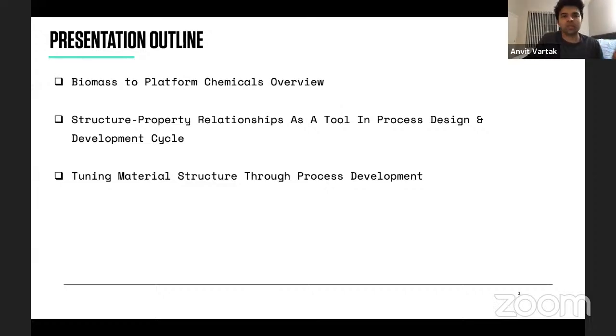The second part will be this idea of structure property relationships, which I'll dig deep into, which will be a very helpful tool that I've been using in designing processes and also developing different process flows to get to the material that you want, starting with a different type of biomass derivative. And then how do we use that to tune material structure physically or chemically to build a good process. So how to develop the process, how to get to different unit operations and processes to get to your product.